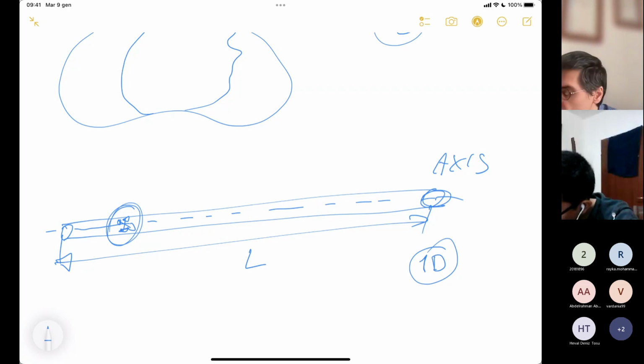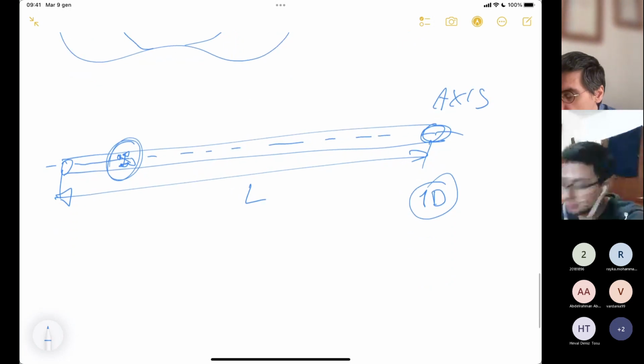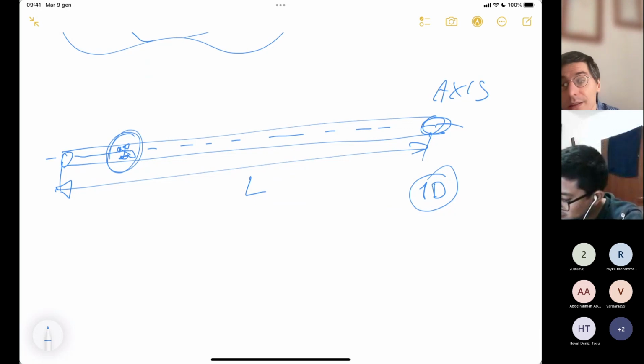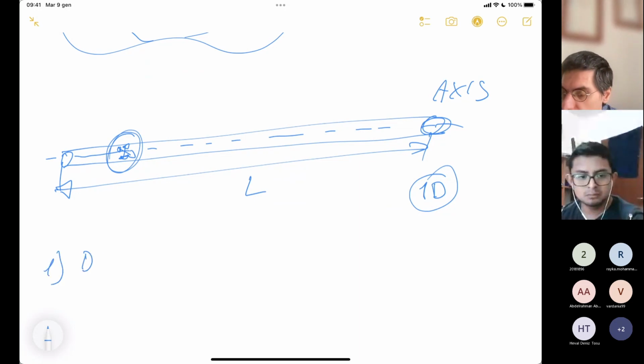So you can make a model for this particular situation, for this particular system, starting from scratch directly.